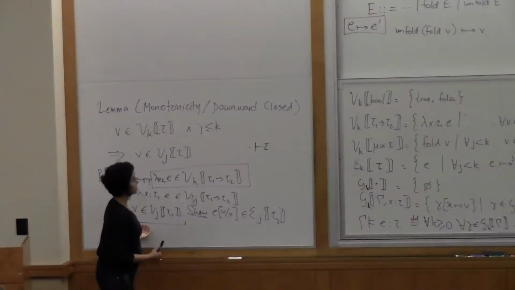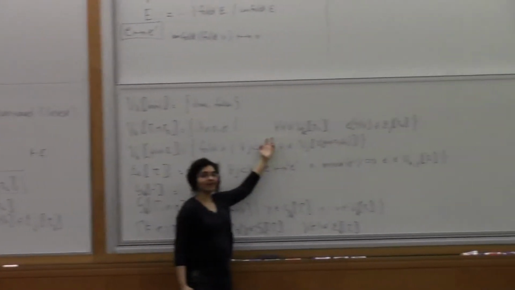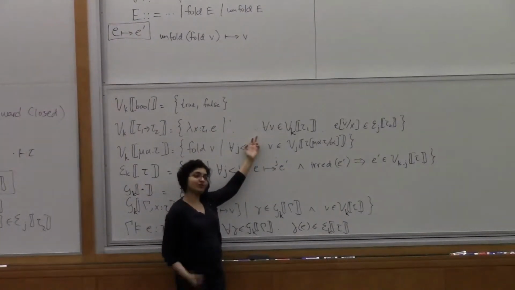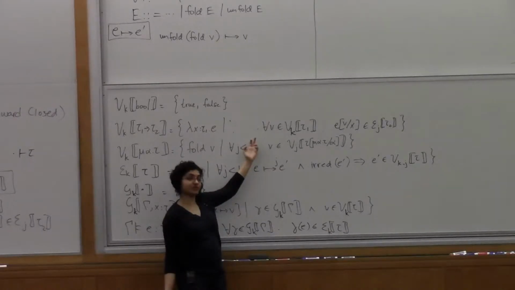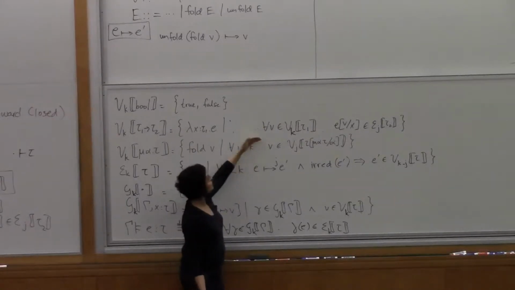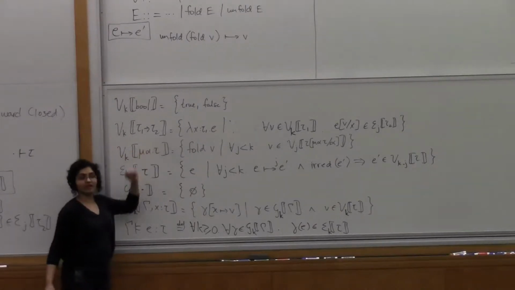So we can't use it here. We need a value that's good for k steps, but we only have one that's good for fewer steps. You see that? This has to do with the usual thing with functions, this contravariant occurrence.